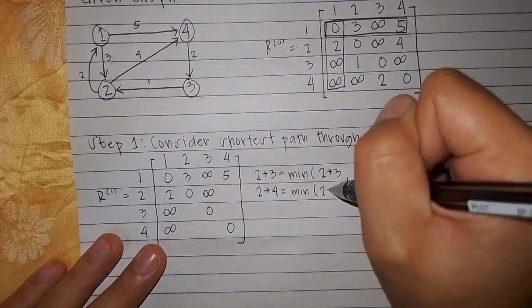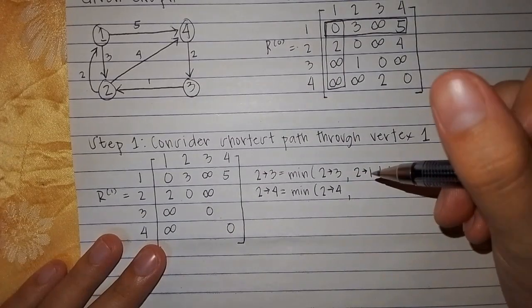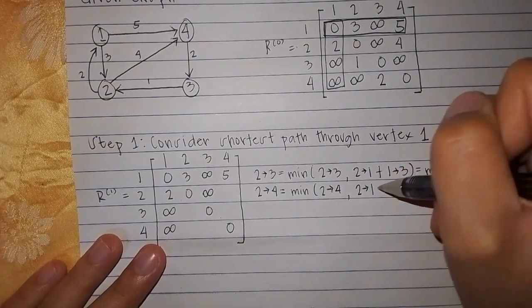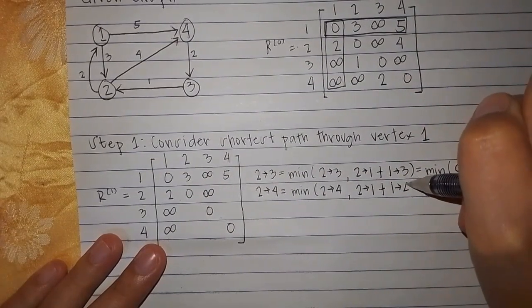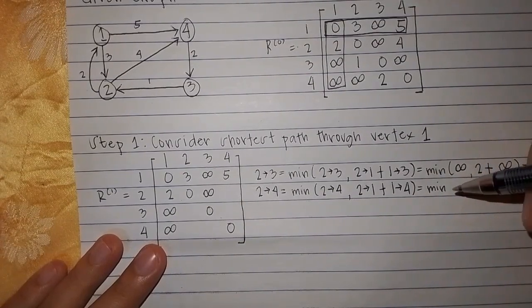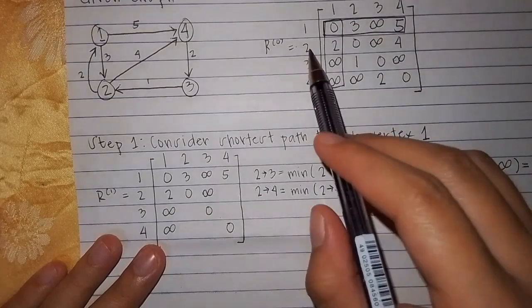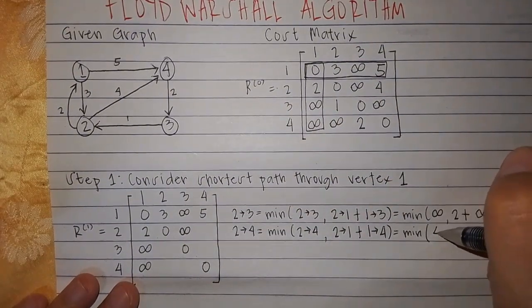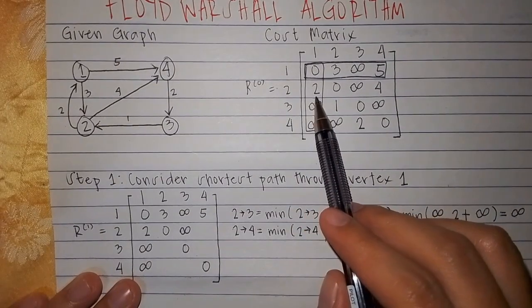The minimum of 2 to 4 through the vertex 1. So that is 2 to 1 plus 1 to 4. So the distance of 2 to 4 is 4. And 2 to 1, the distance is 2.